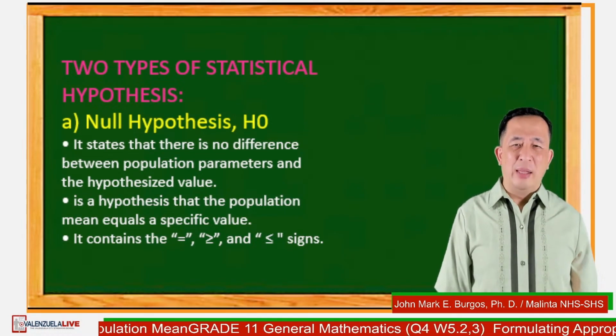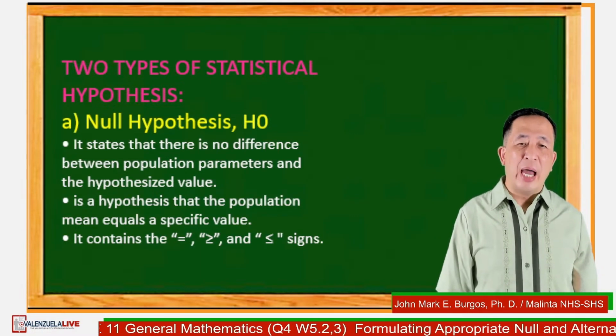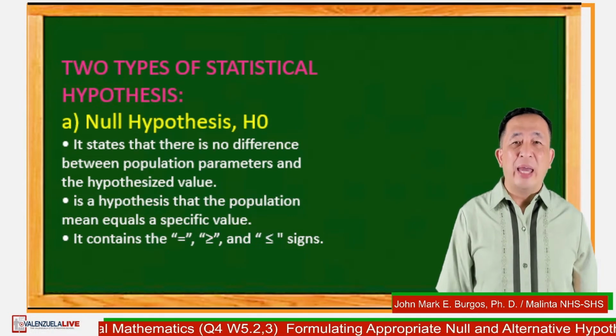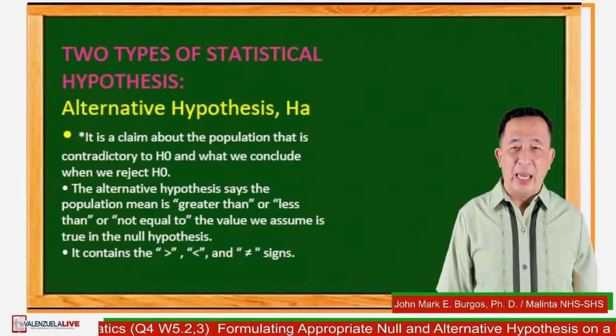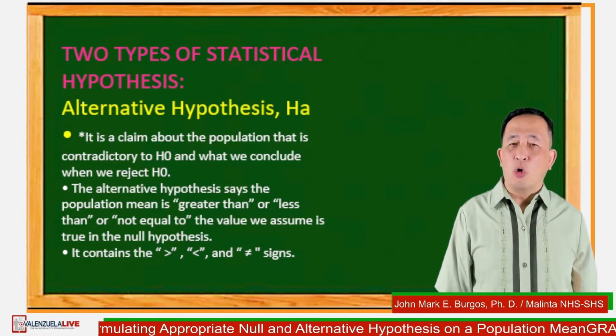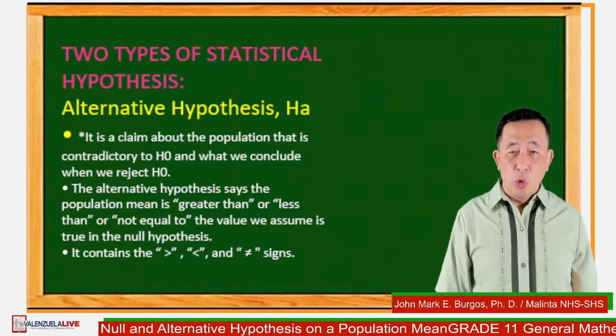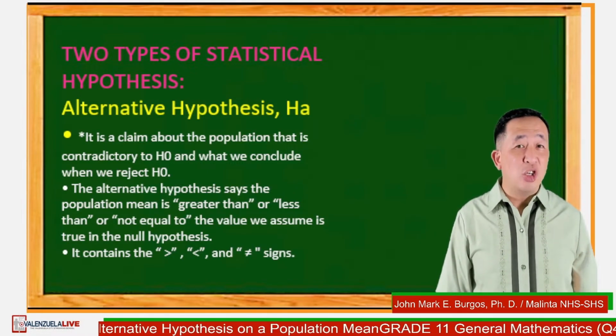The second one is the alternative hypothesis. It is symbolized by a capital H and a small letter a. It is a claim about the population that is contradictory to H0 and what we conclude when we reject H0.